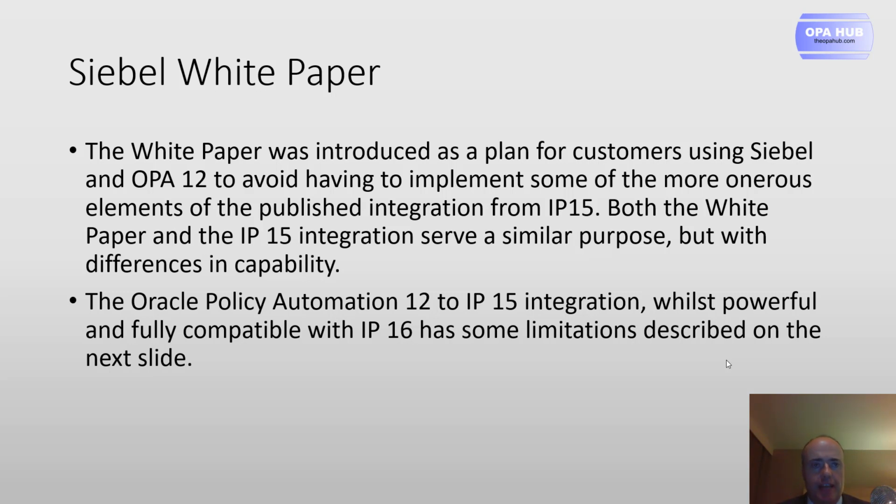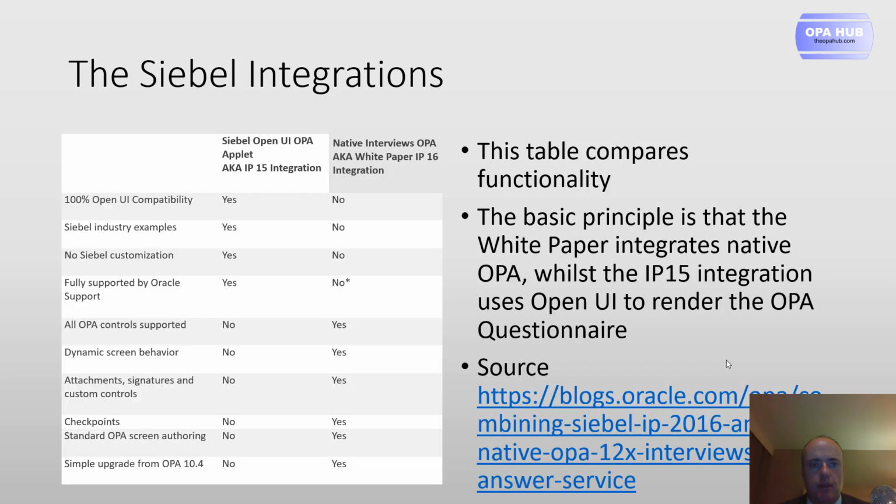Let's take a look on the next page at some of the differences between the IP16 and the IP 15.5 integration. This is taken from the white paper, and as you can see, it's a functionality comparison. The basic principle, if you look down the different columns, is that the Siebel OpenUI OPA applet, aka the IP15 integration, is OpenUI driven.